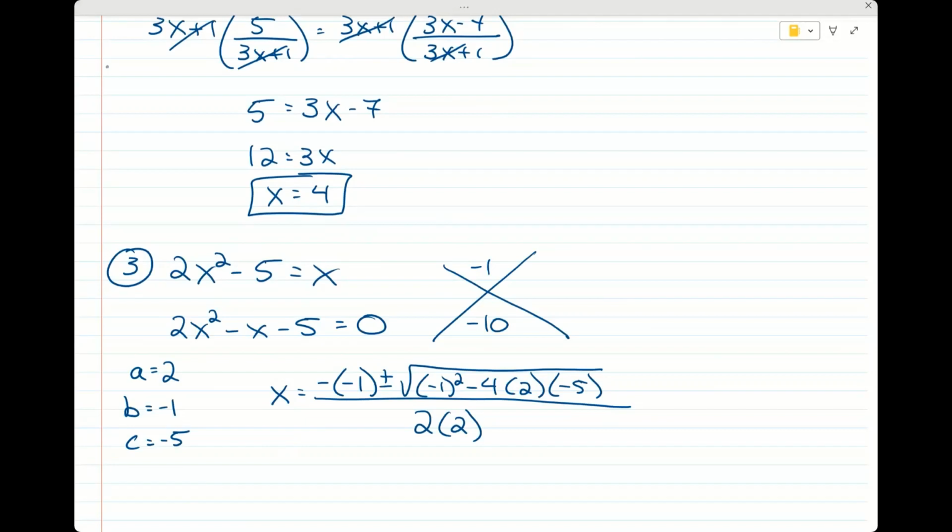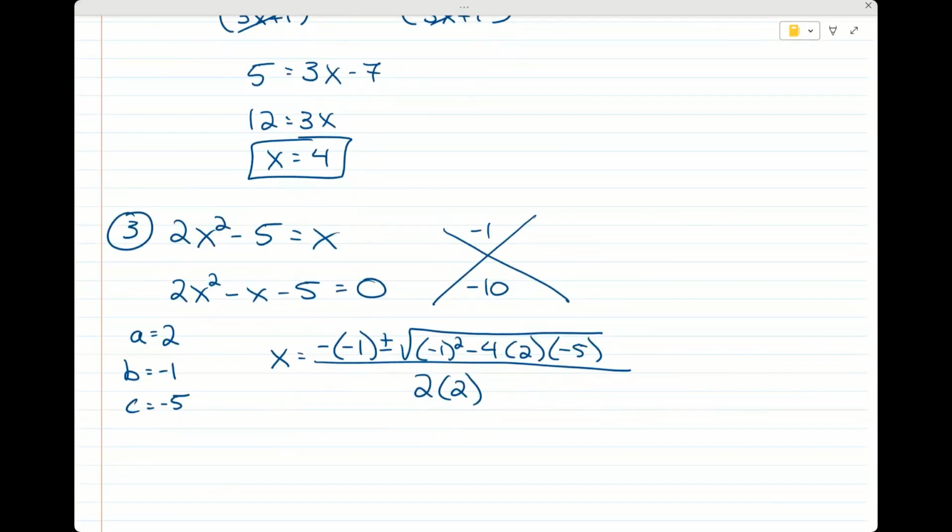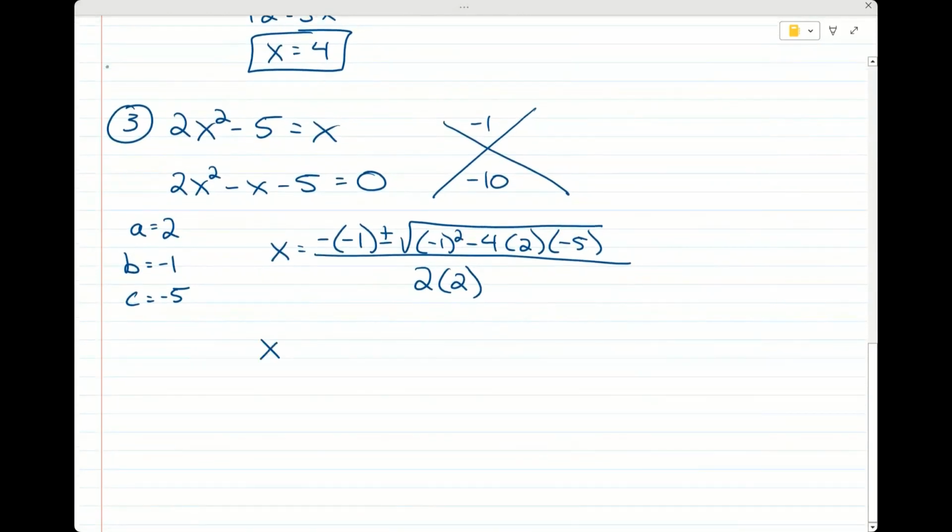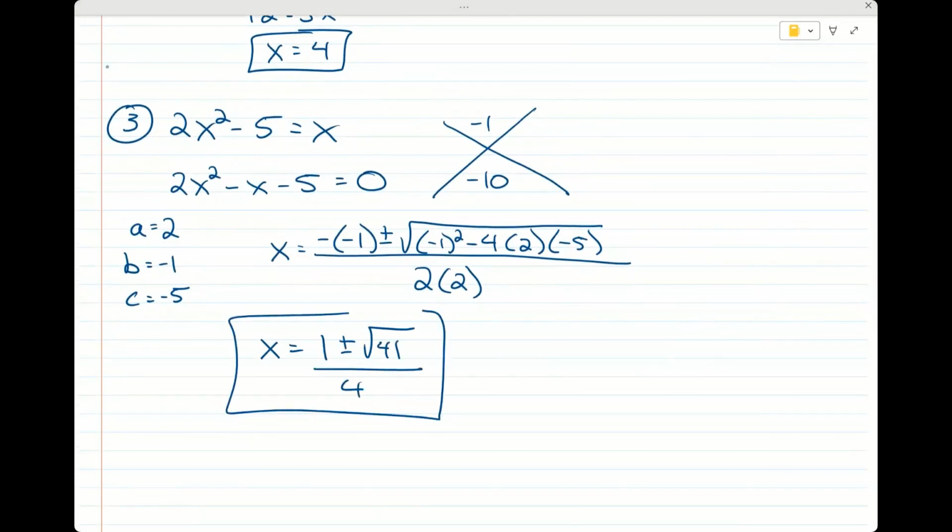And when you're plugging these numbers into the formula, I would always make sure that you use parentheses, so that way you don't make a mistake with the sign. And we get x is equal to 1 plus or minus the square root of, let me just type this into my calculator quickly. This would be the square root of 41 over 4. And that would be a perfect answer.